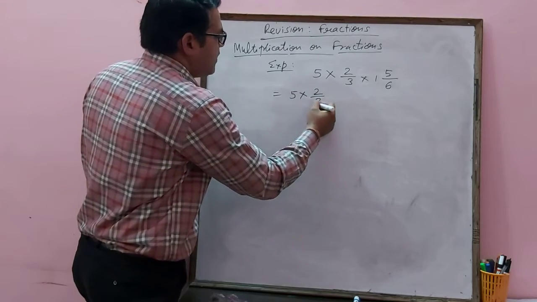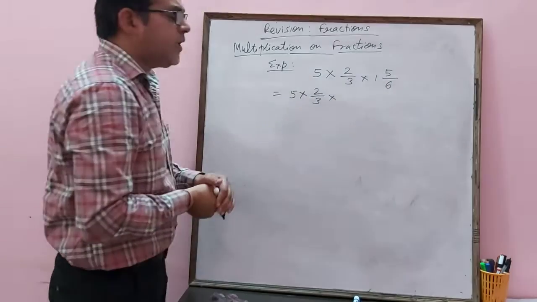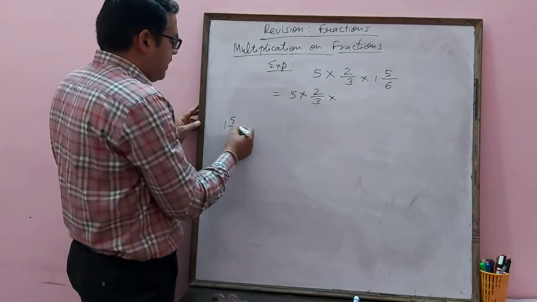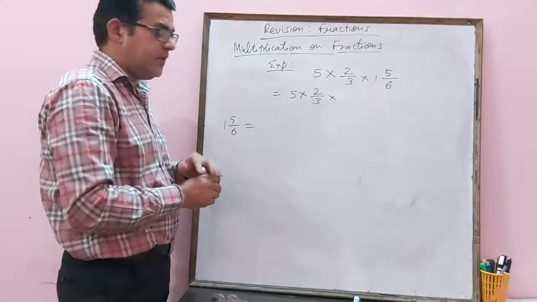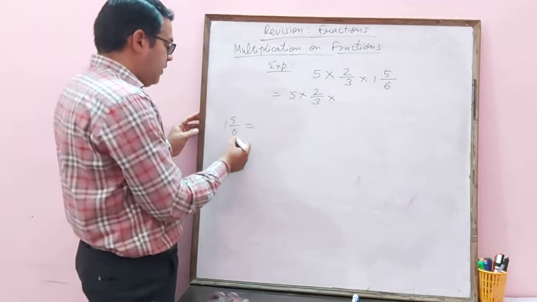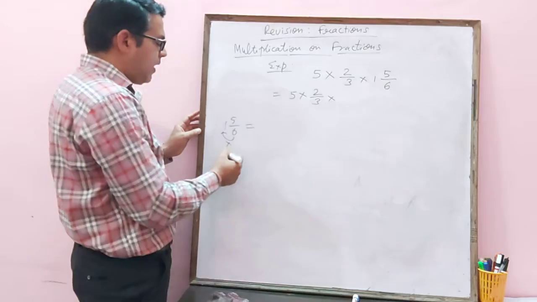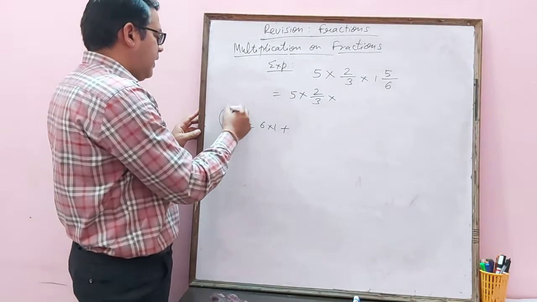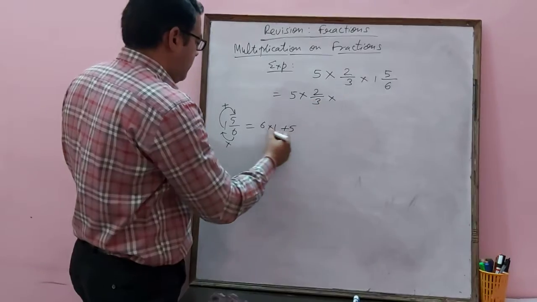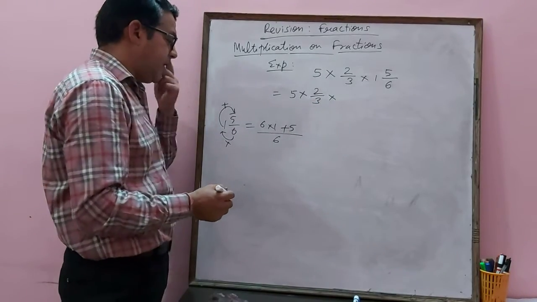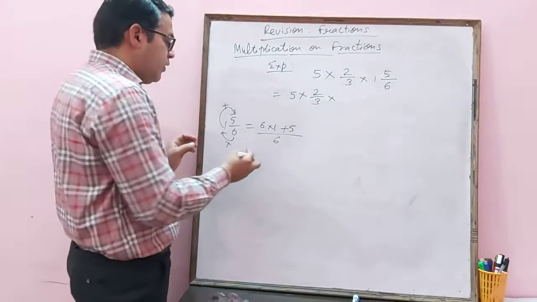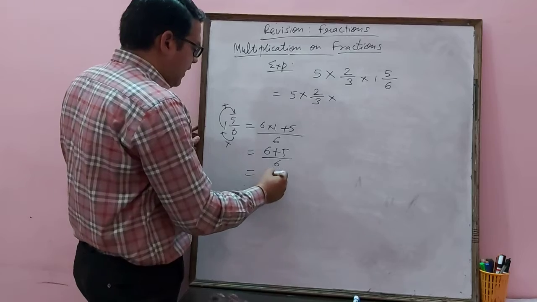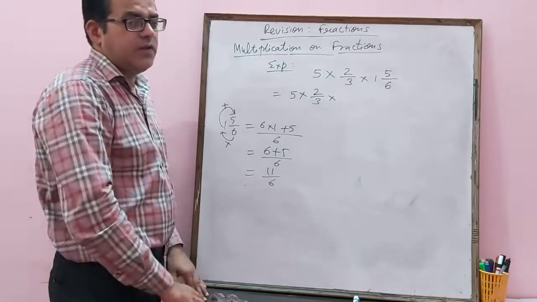First we need to convert this mixed fraction into an improper fraction. 1, 5, 6 is there. How can we change this mixed into improper? Once again I am reminding you, multiply this 6 into 1 and add 5 to this, and downside 6 is, as we know, the denominator. So what we have here: 6 1s are 6 plus 5 by 6, then 11 by 6, right?